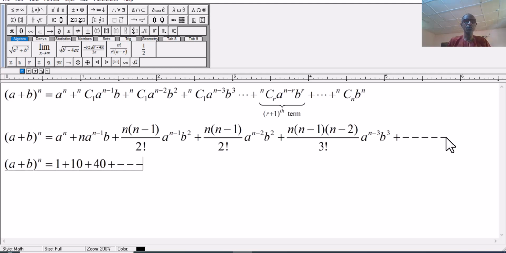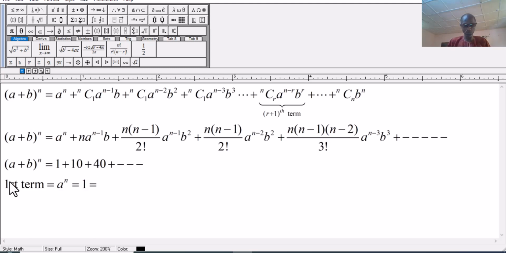So now what it means is that we follow this pattern. Your a raised to the power of n is the first term, which is equal to 1. From your knowledge, 1 raised to the power of anything, power 2, power 3, power 4, power 5, will definitely give us 1.